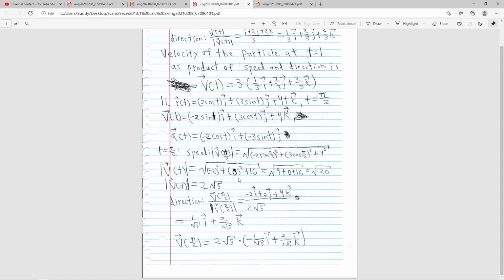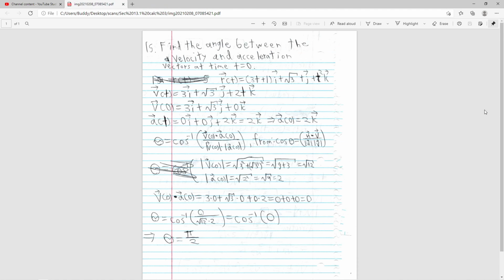That's what it becomes. The direction is −1/√5 i + 2/√5 k. And then the product is 2√5 times (−1/√5 i + 2/√5 k).